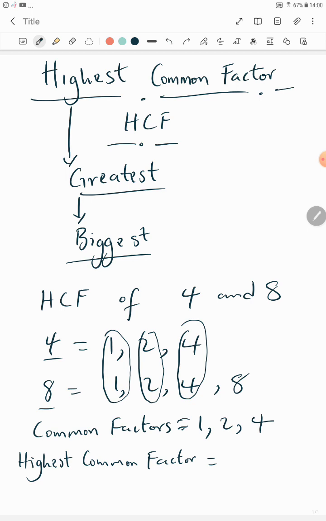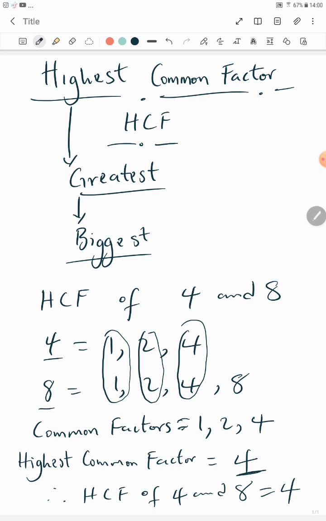Obviously, 4 is the highest common factor here. Therefore, HCF of 4 and 8 equals 4. So 4 is the highest common factor between 4 and 8.